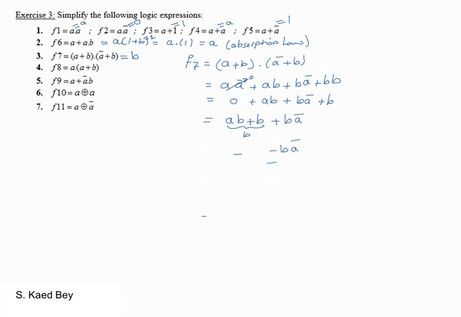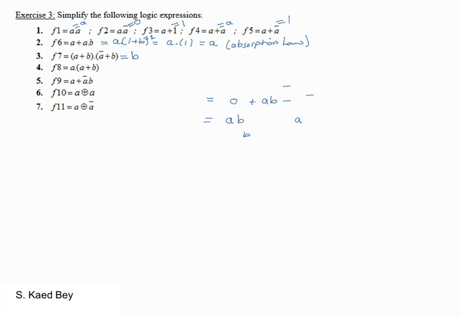Let's solve F8. So F8 is A ANDed with A ORed with B. So if we write this as a sum of the products, we end up with AA plus AB. So this is the same as the above.